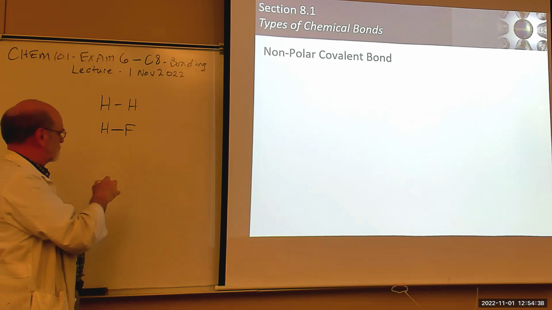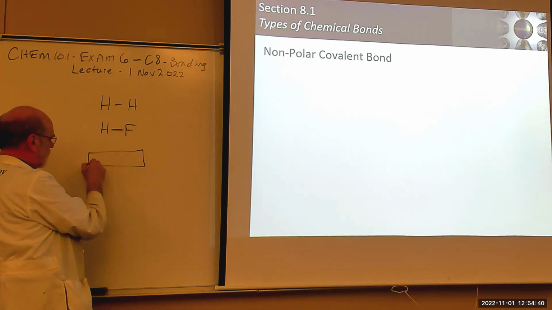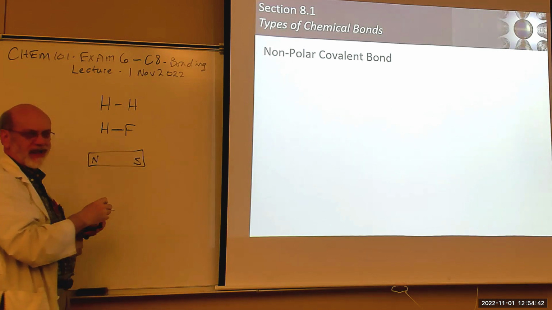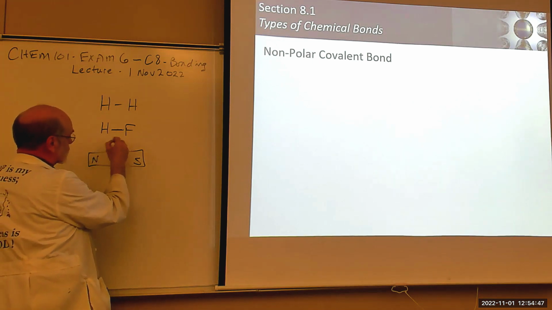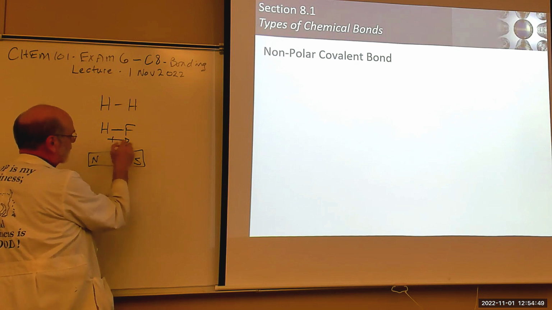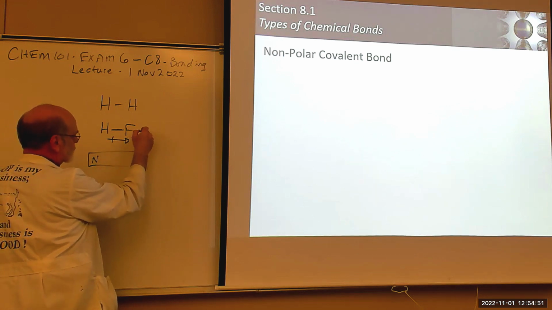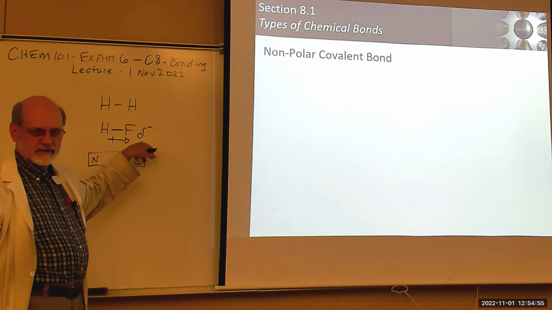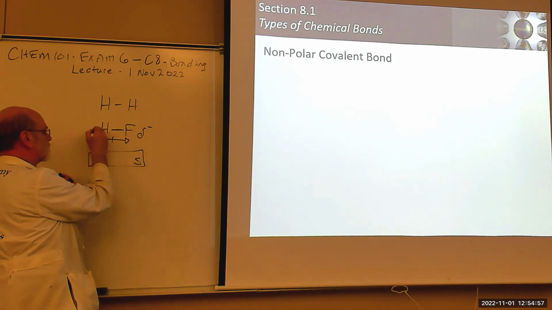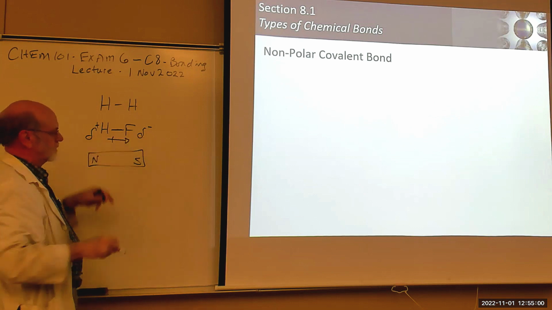It's kind of like a bar magnet, South Pole, North Pole. Well, in this case, this is going to be slightly negative. We use a small Greek delta to designate either positive or negative.